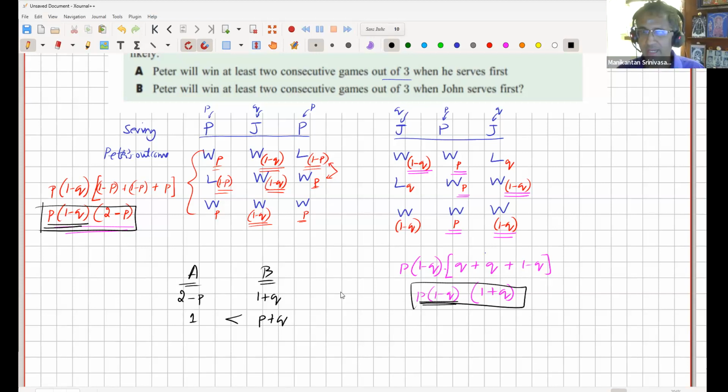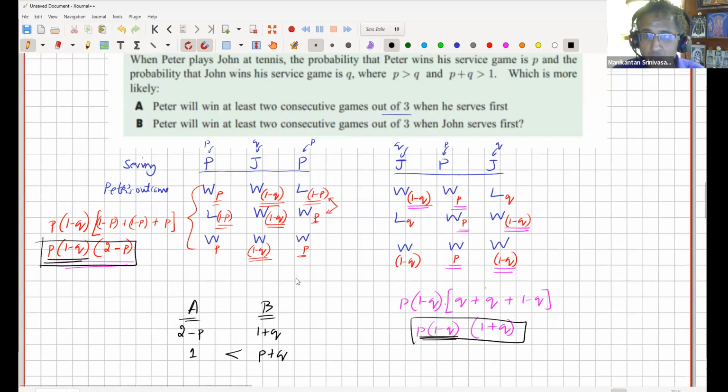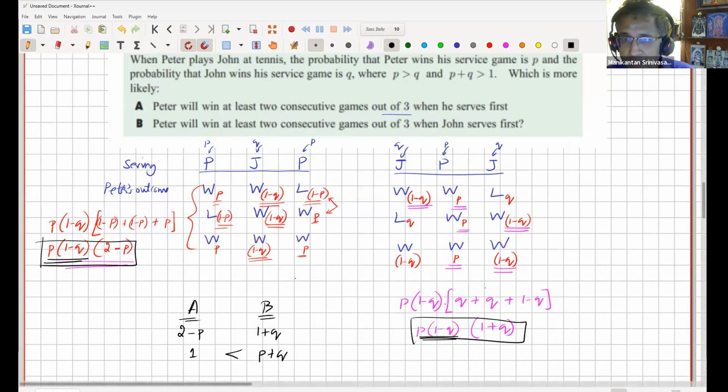So intuitively, it's deceptive. You might think that Peter has a higher chance, but it's because of the way P and Q are. This constraint is very important. P plus Q is greater than 1. For the same problem, had P been, let's say, 0.4 and Q been 0.3, then what you are saying is true.